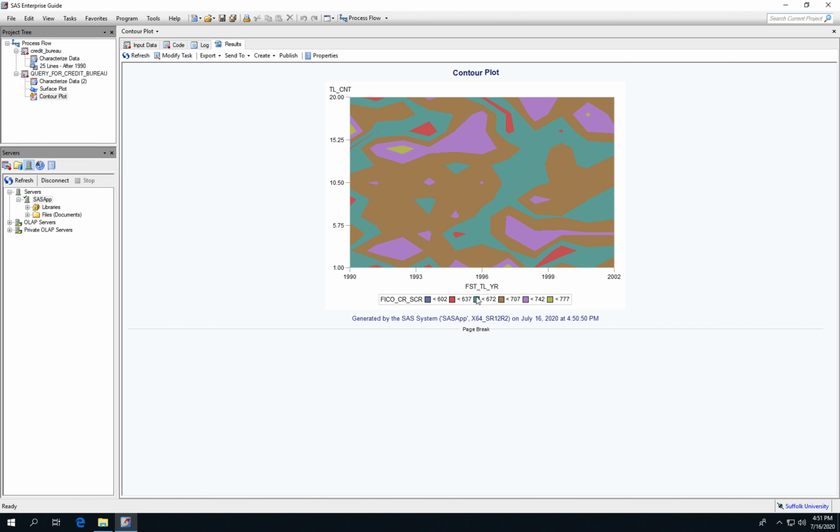I can see that there's a lot of people in the middle of the range with this greenish color, so most of the chart is filled with that. There's people with a lot of brown, which means a score between like 672 and 706 or so. But of most importance is, who are the ones with the highest credit scores? Well, that's this yellowish color. It seems like it's the people here.